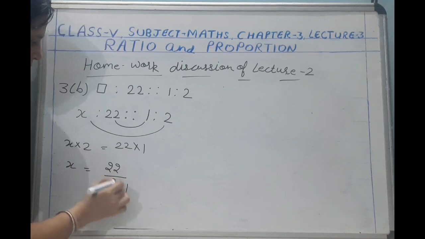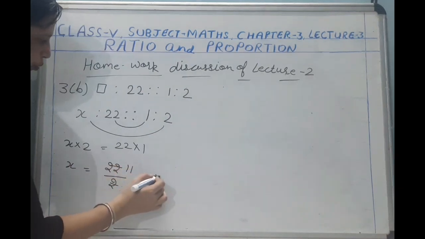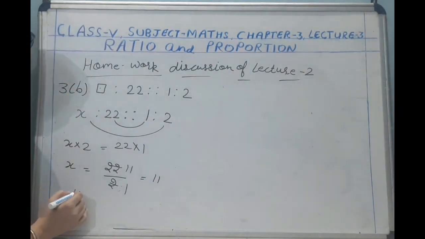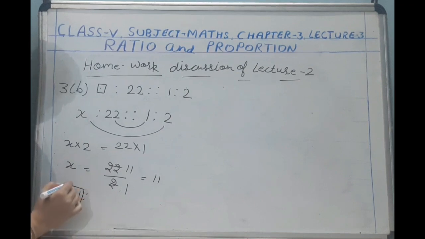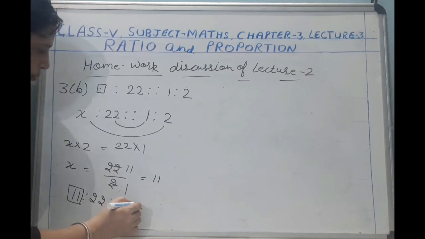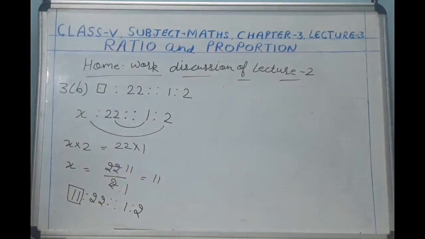So 11. Your answer will become 11. Understood? So your missing term is 11 ratio 22 proportion 1 ratio 2. Right?